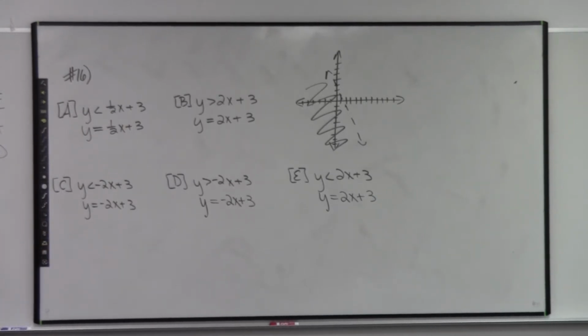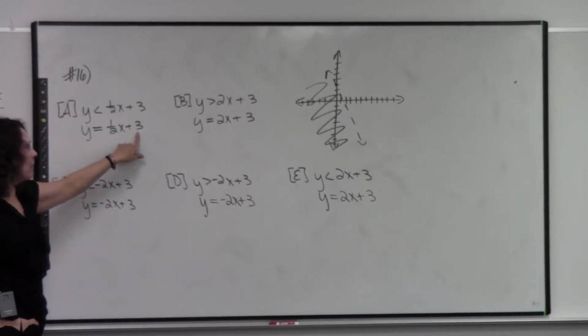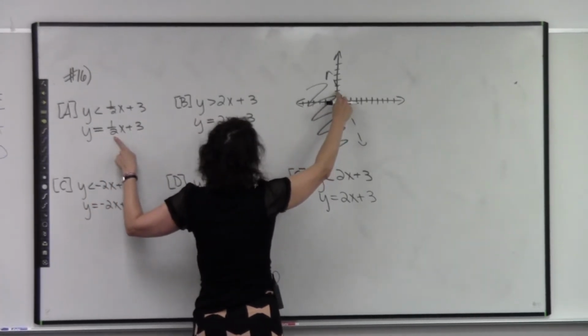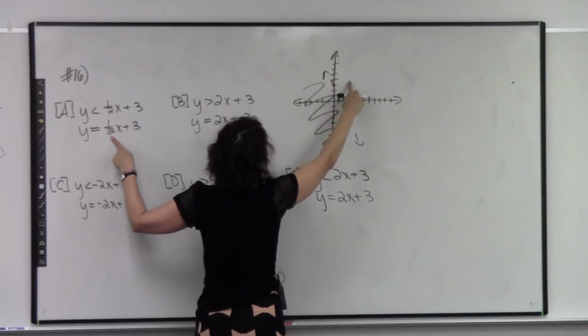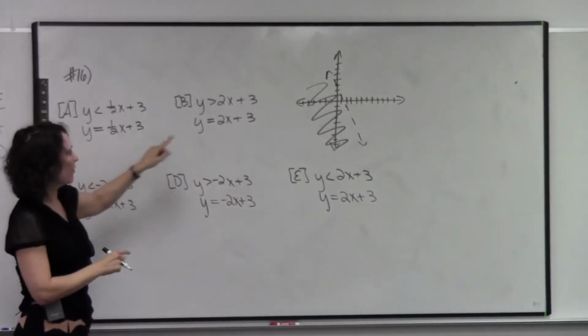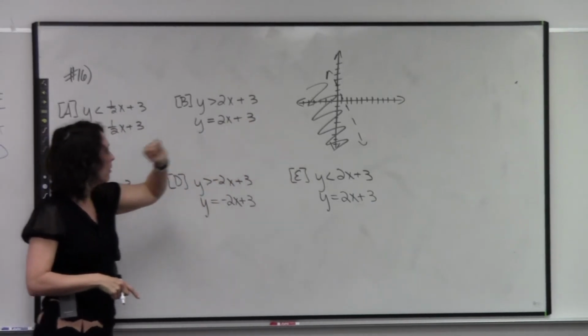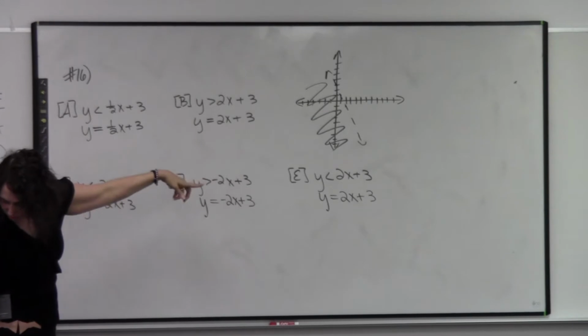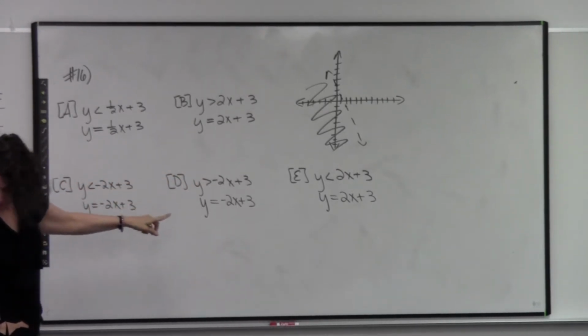All right, so we're going to compare the graph. This one's saying my y-intercept is 3, and my slope is 1/2, meaning I should go up 1, to the right 2, meaning my slope's positive. Does that have a positive slope? Hang on, did I copy this wrong? I just want to make sure I didn't copy my signs down wrong.